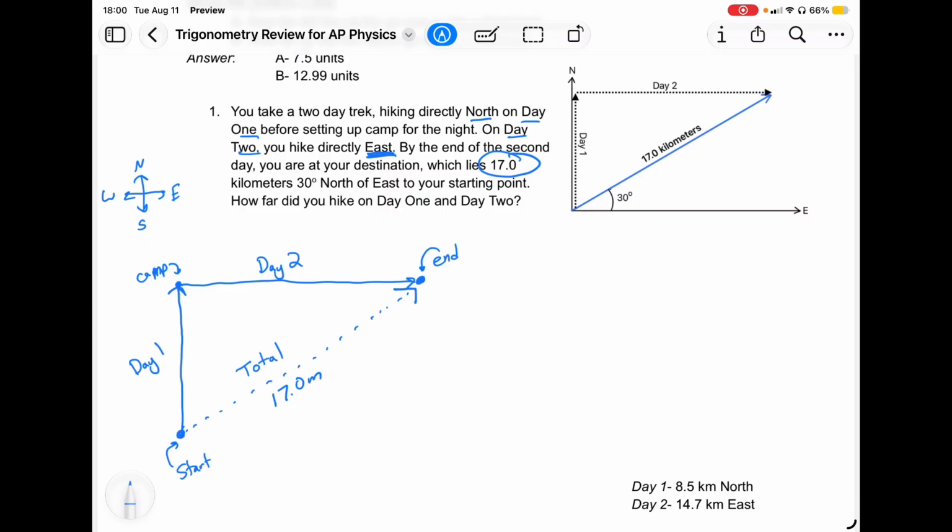And we know that that endpoint lies 30 degrees north of east from your starting point. So what that means is that if we think about our starting point, there is the direction east away from it, and then 30 degrees up from that is 30 degrees north of east. So our angle right here, if we were to have a little coordinate plane, is 30 degrees.